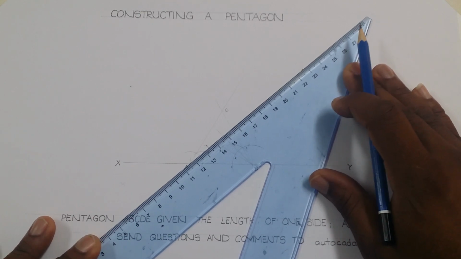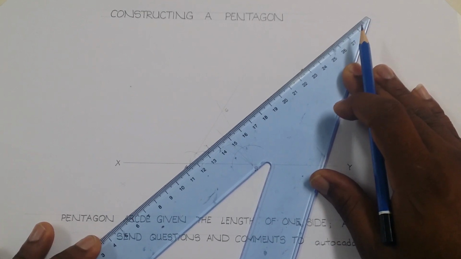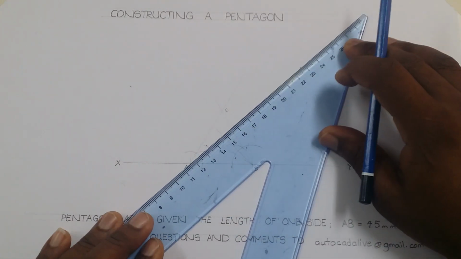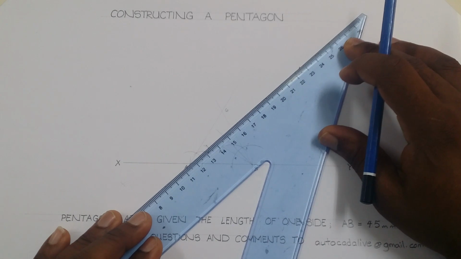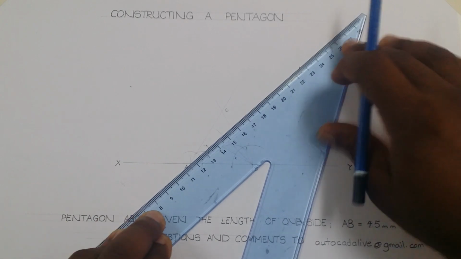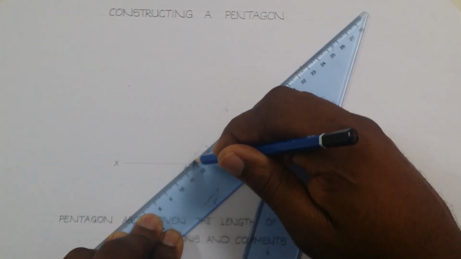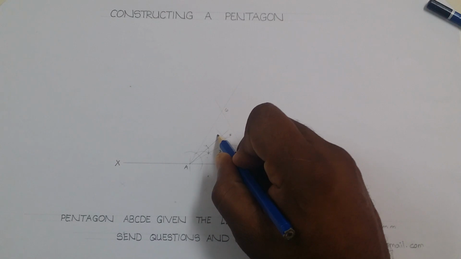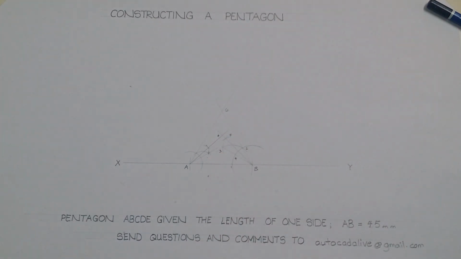These two angles are needed, the 45-degree angle, and so we are going to allow their vertices to intersect. That happens at point 4 according to our drawing. We're going to label this point 4.